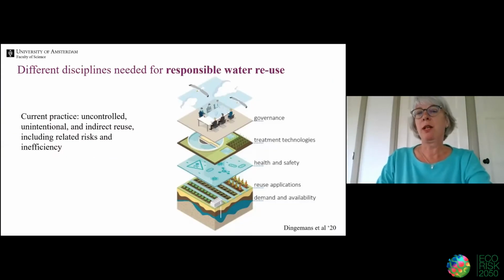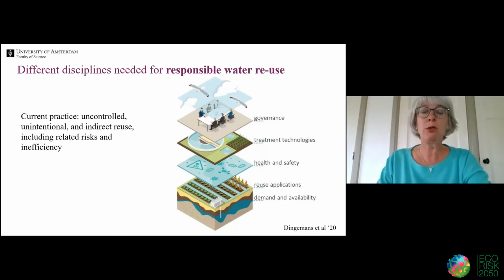Well, if we are talking about responsible water reuse, we should keep in mind that different disciplines are needed for this. So, of course, we have to know about what's the water demand, what's the availability, what's the type of reuse application. Very important, and we'll talk today about that. What are the health and safety consequences of the water reuse?